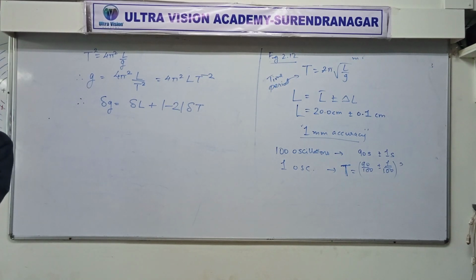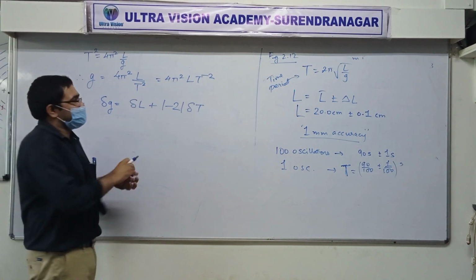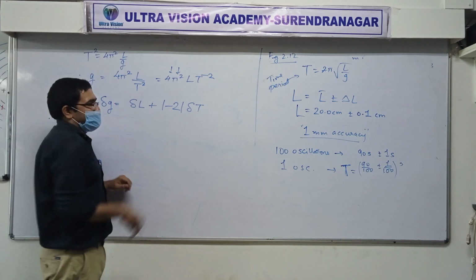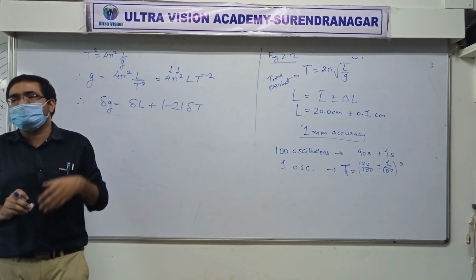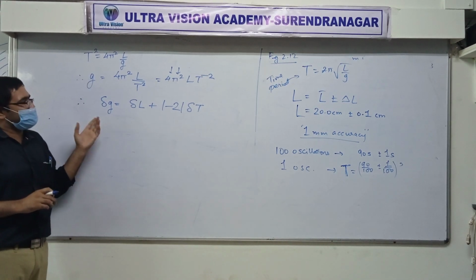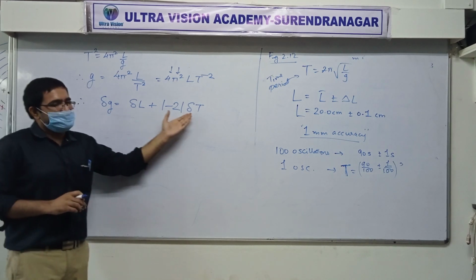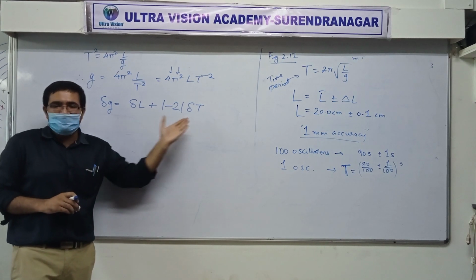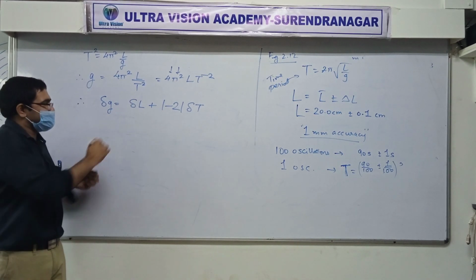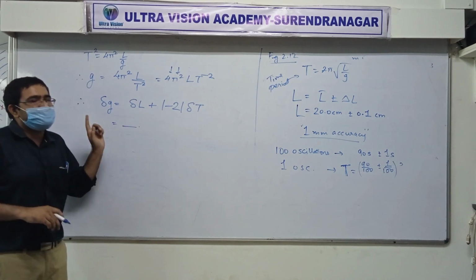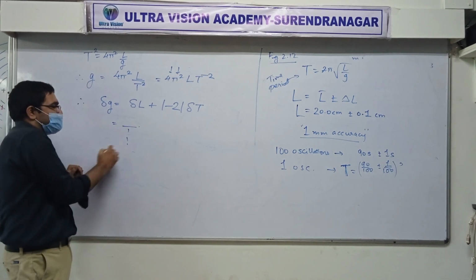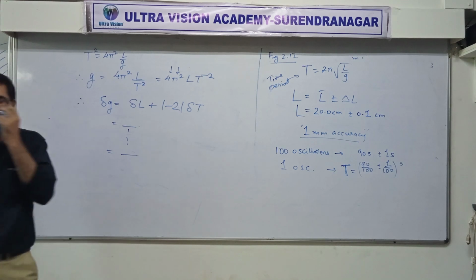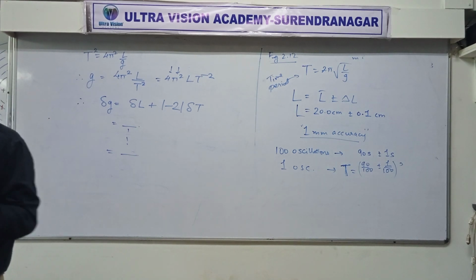Where are other things? There are other things. They don't have errors. 4 doesn't have error. Pi doesn't have error. So there is no need to worry about all that. We should just worry about the error in L and the error in T. Is that okay? Based on this you can find out how much percentage error there is in G. The rest is for you to complete as homework. Okay, you tell me the answer that you get tomorrow.